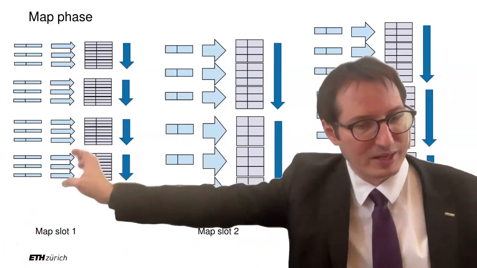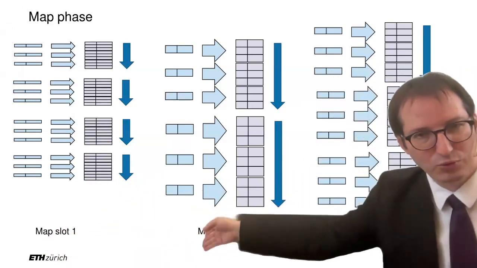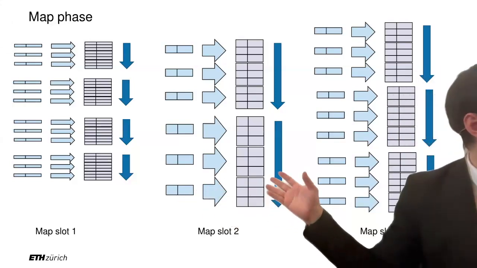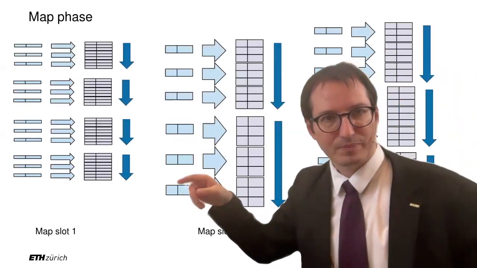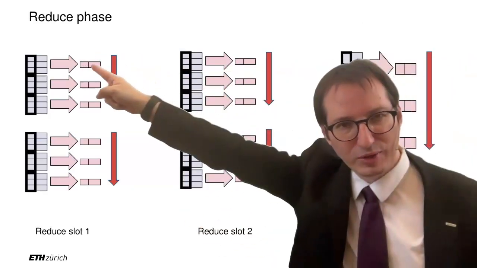That's for reducer task 1, that's for reducer task 2, that's for 3, that's for 4, that's for 5. The same here, they are going to partition the intermediate data in the 5 categories with the hash function, and here also 5.